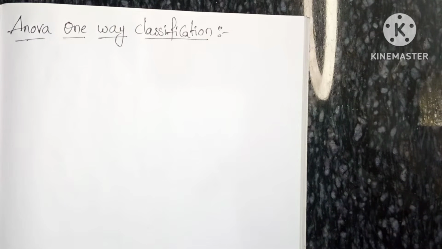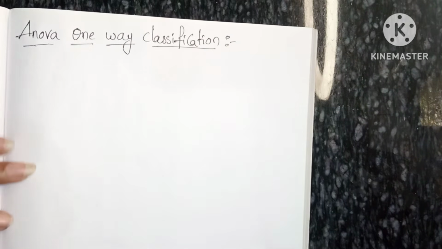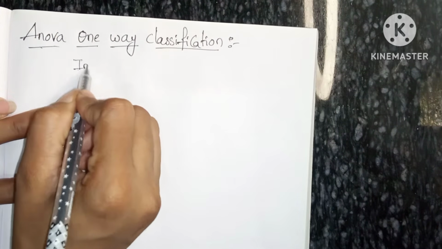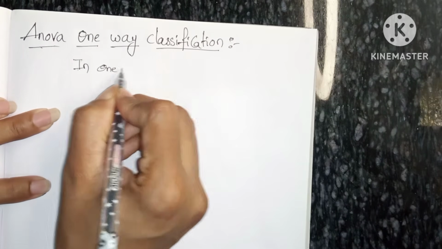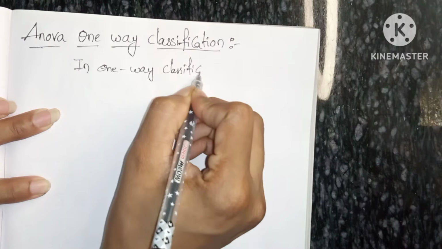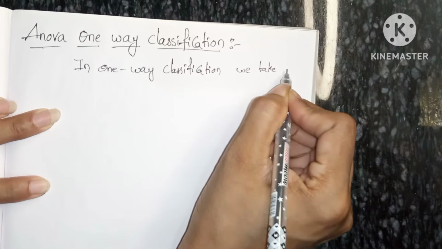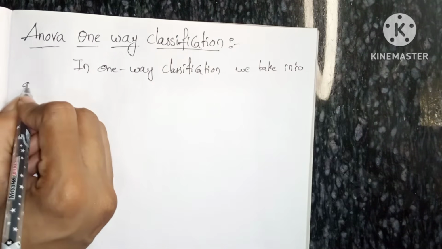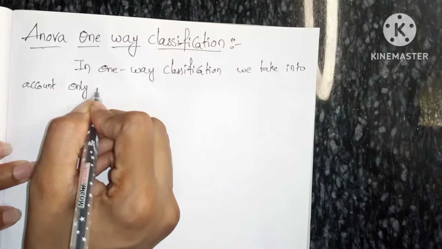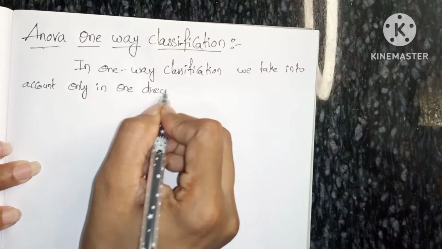So now we are going to discuss ANOVA one-way classification. ANOVA one-way classification, in the sense, in one-way classification, we take into account, that means we consider, only one direction.